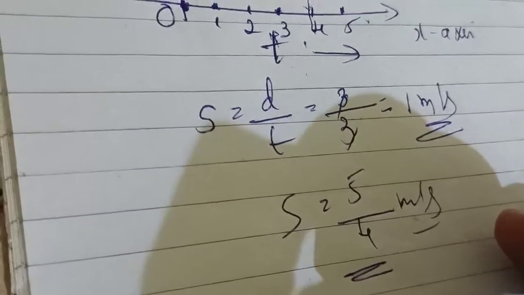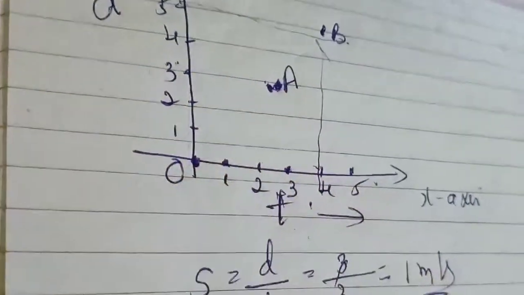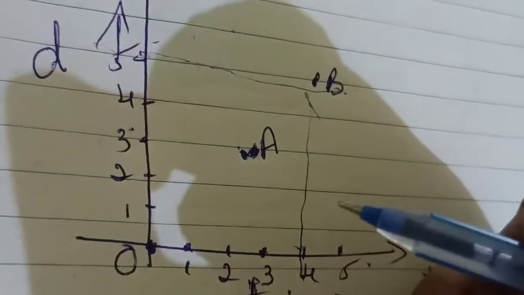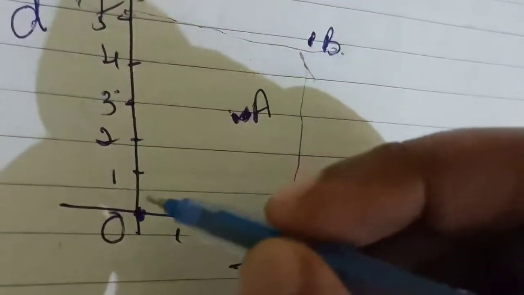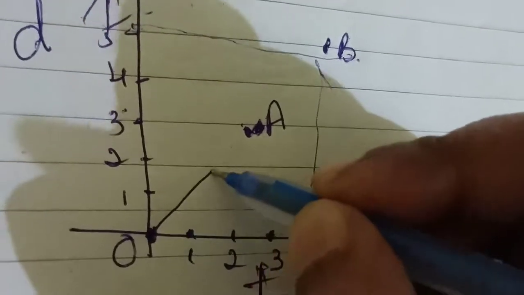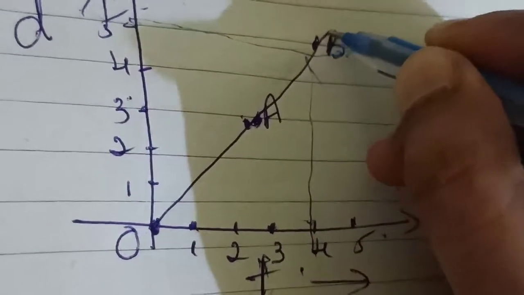I was speaking here about finding the speed at one point, isn't it? Now if I ask you to find the speed while the body is moving, there is an object moving from this point to this point.